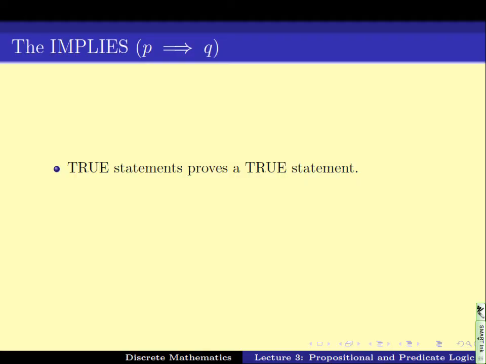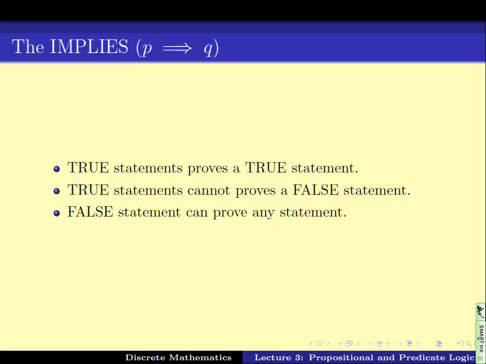Hence, if P is true and Q is true, then P implies Q is also a true statement. At the same time, a true statement cannot imply a false statement. That's the other way of saying it. So if P is true and Q is false, then the whole statement has to be evaluated to false.